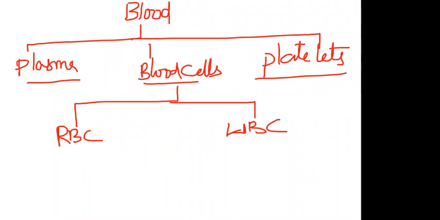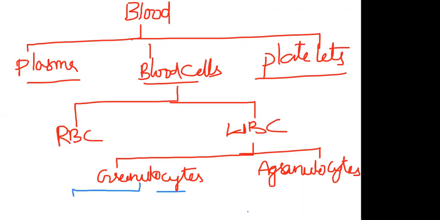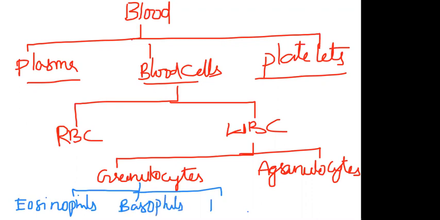The WBC are further classified into granulocytes and agranulocytes. The granulocytes are of three types: acidophils or eosinophils, which are well known by various pronunciations, basophils and neutrophils.